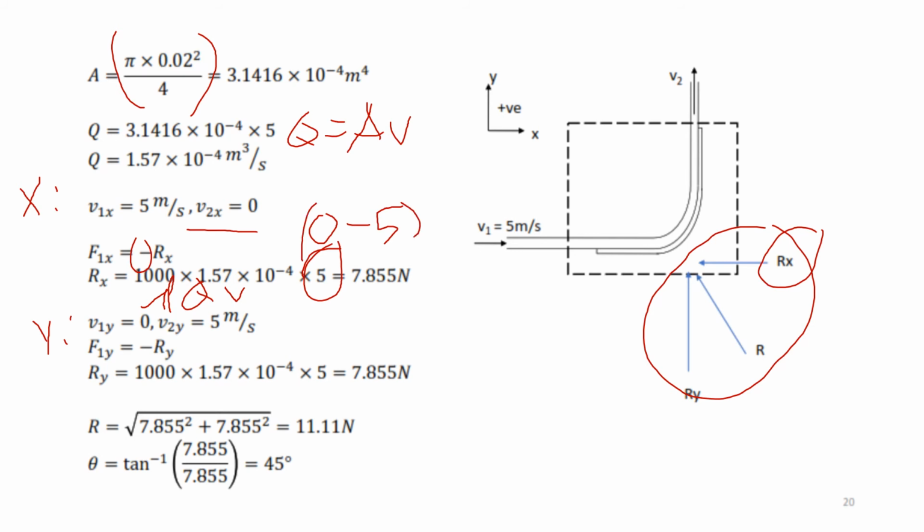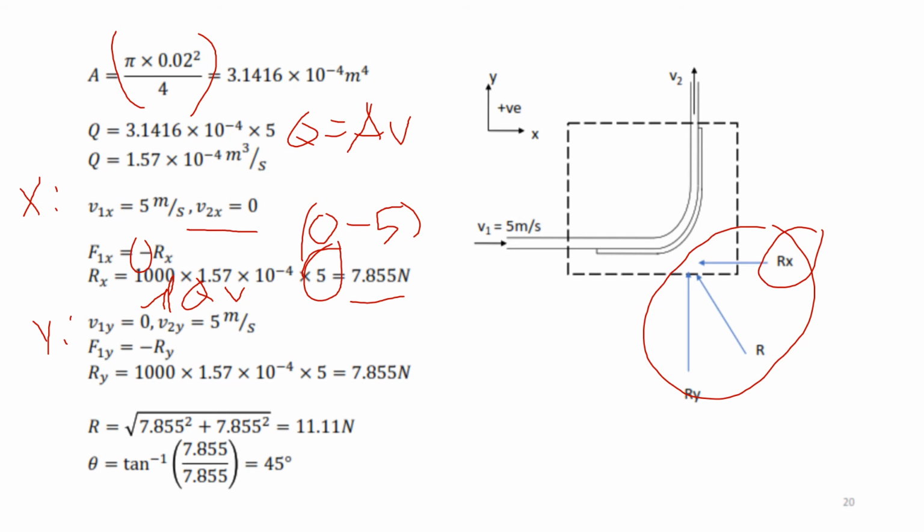So we get negative here, and that's why we can cancel the negative. So we get Rx as positive 7.855.